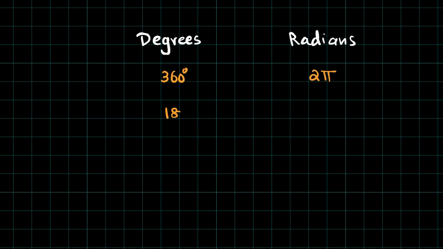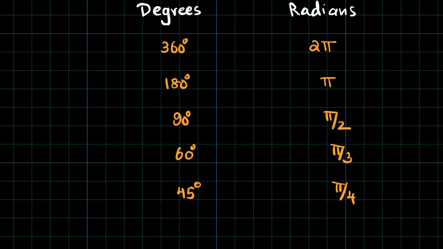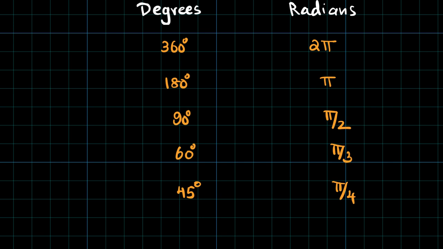Next one, 180 degrees is pi radians. 90 degrees is pi by 2 radians. 60 degrees is pi by 3 radians. 45 degrees is pi by 4 radians. And let me scroll up a bit. And the last important one is 30 degrees is pi by 6 radians. So that is the conversion from degrees to radians.